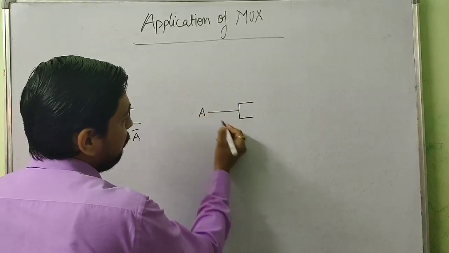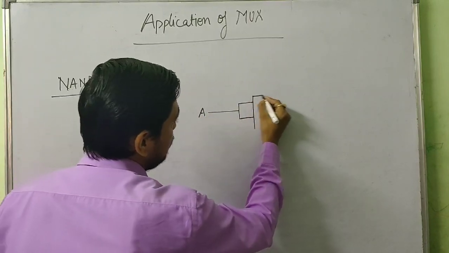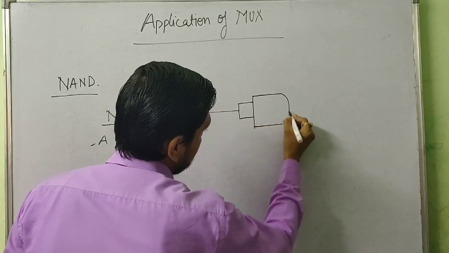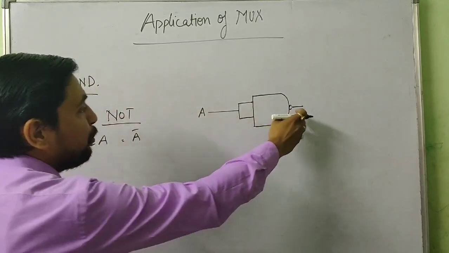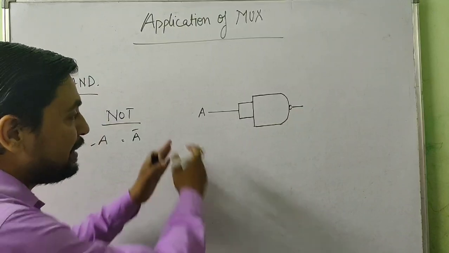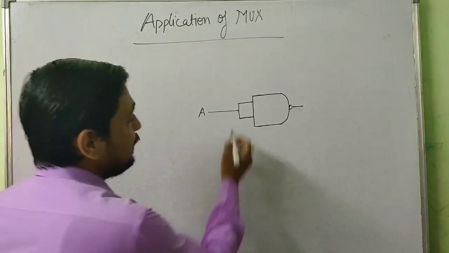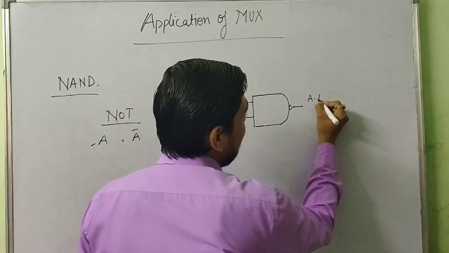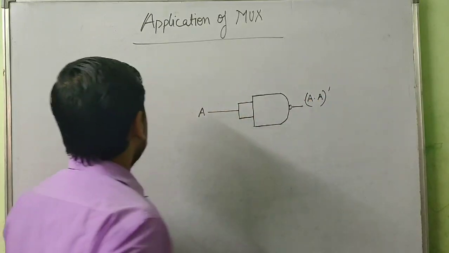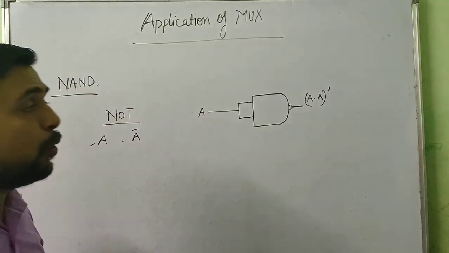For example, we pass A two times to this NAND gate. Now can you guess what the output will be? If you pass A, then this input will be A and this input will be A. So the output will be (A and A) whole complement.